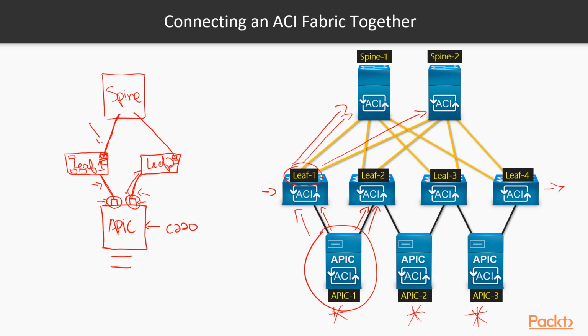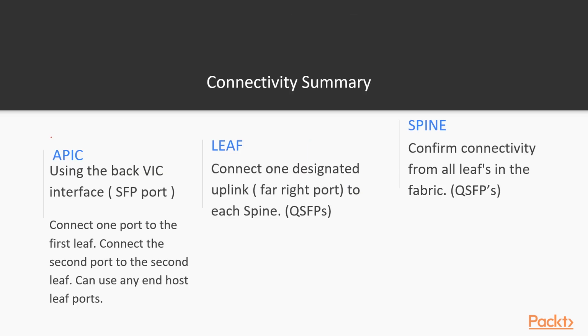So to review, uplink to the spine from the leaves and uplink from the leaf to the APIC. So we use this VIC interface on the back of the APIC and connect those interfaces together. Okay, so let's review everything and make sure that you understand how to connect the ACI fabric together. We start with the APIC.